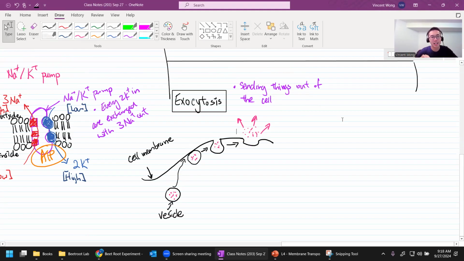This is called exocytosis. The cell is expelling something, sending a lot of it out. I'll give you 2 minutes to catch up, draw whatever you need, copy it down, ask questions.